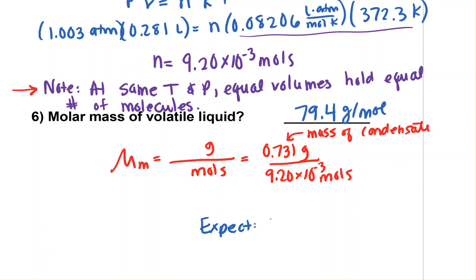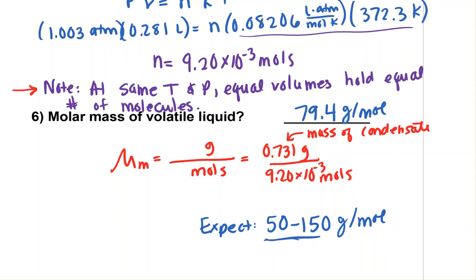I'm going to say in this range. A lot of the simple mistakes you might make doing this calculation will result in a molar mass that is way off. In other words, if you don't use the atmospheres and you use millimeters of mercury instead, it'll throw this number way off.